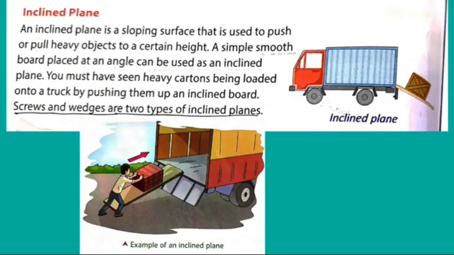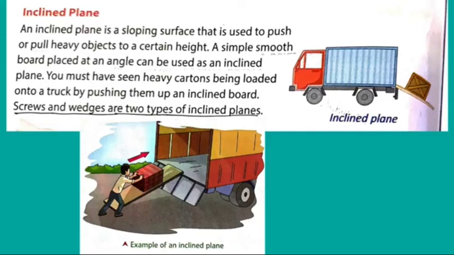Now the next topic is inclined plane. An inclined plane is a sloping surface that is used to push or pull heavy objects to a certain height. Inclined plane means sloping or slanting surface. Due to this type of surface, we can push or pull heavy objects to a certain height.